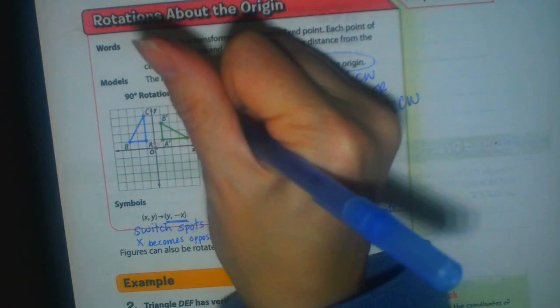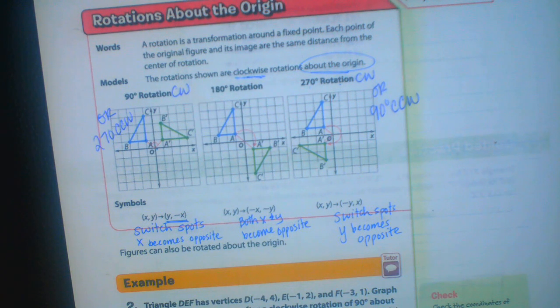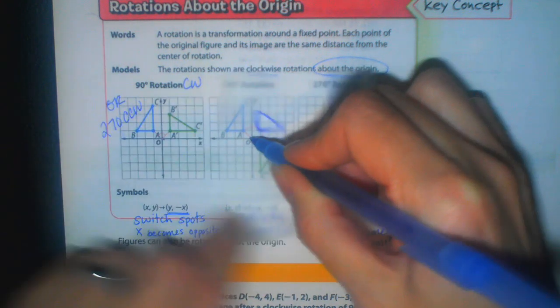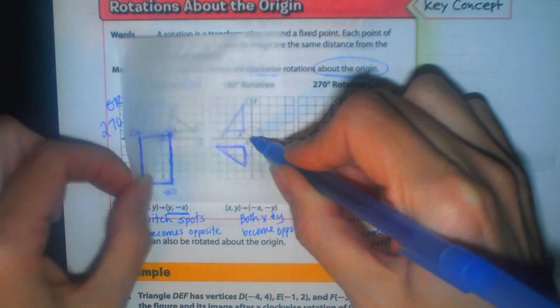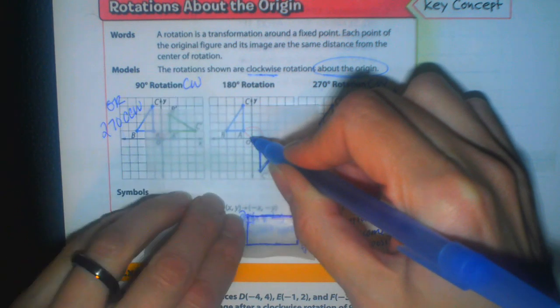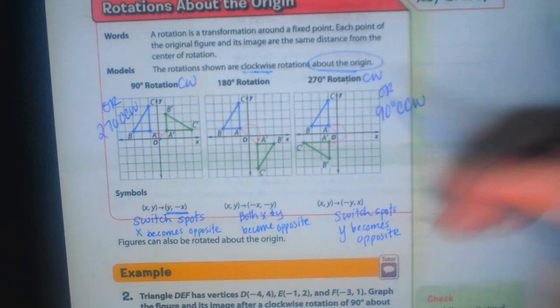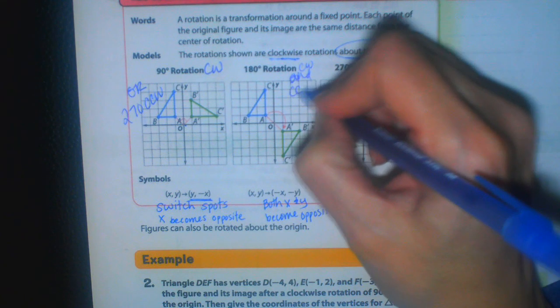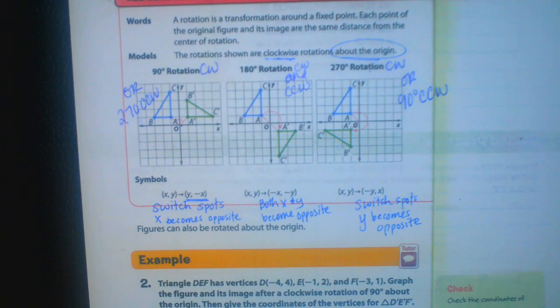So the 90 degrees here is clockwise, or 270 counterclockwise. If I take my original, remember they wanted us to go clockwise here, so 90, 180, okay, counterclockwise 90, 180. So no matter which direction you go, 180 gets you to the same spot. So this is clockwise and counterclockwise, no matter which way you go. Okay.